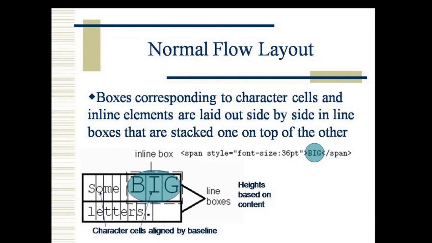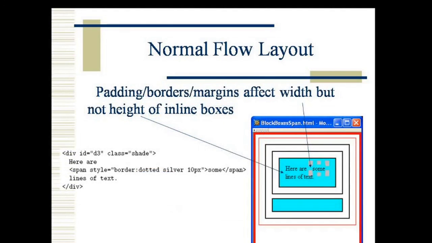Now boxes corresponding to character cells and inline elements are laid out side by side in line boxes that are stacked one on top of the other. As you can see over here, this small and this big. As your text becomes larger in size, the blocks auto grow. Padding, borders and margins affect the width but not the height of inline boxes.